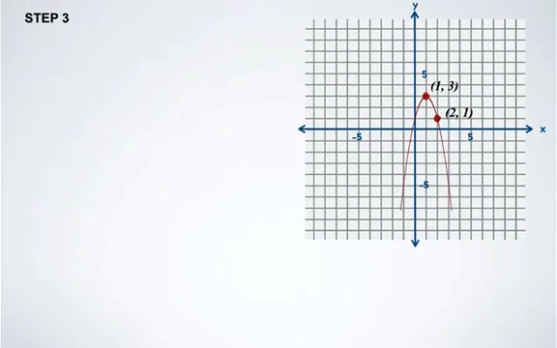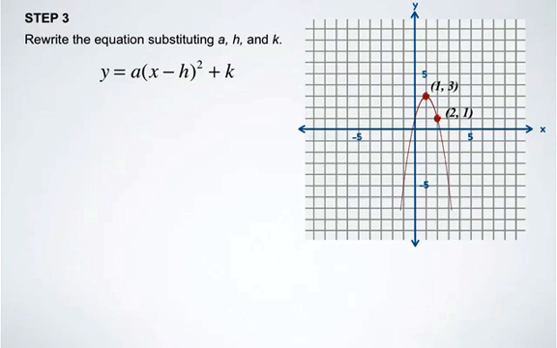We now have a third step. We'll rewrite the equation substituting a, h, and k. y equals a times x minus h squared plus k. We know our a is -2, our h is 1, and our k is 3. We'll substitute those in, and we're given the equation y equals -2 times x minus 1 squared plus 3.